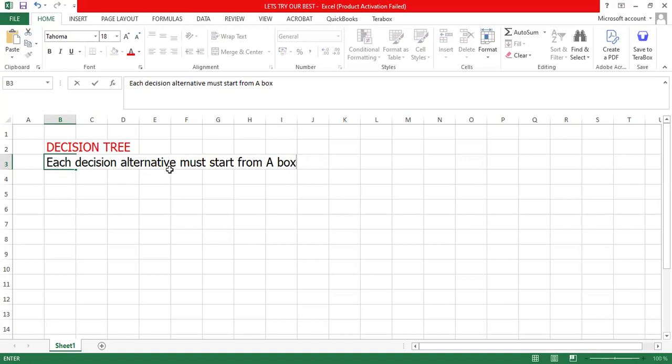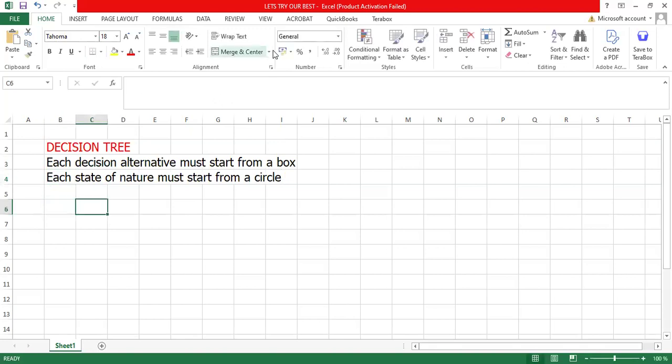From a box. Other books may call it a different way, but for now let's stick to a box. Each state of nature must start from a circle. Those are the rules you must follow when you're constructing the decision tree.